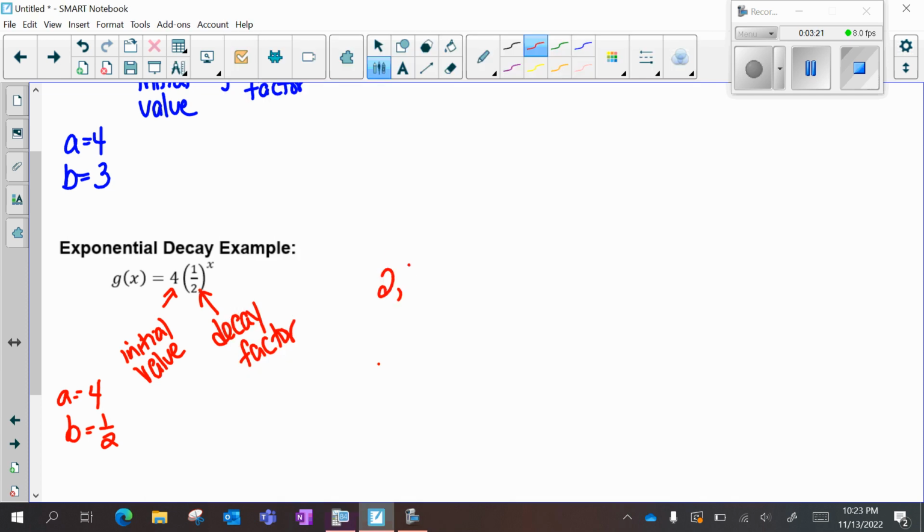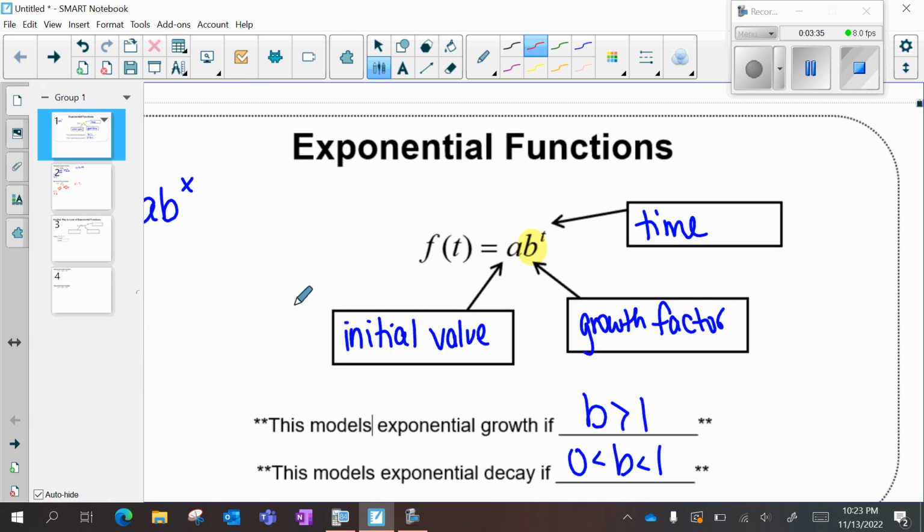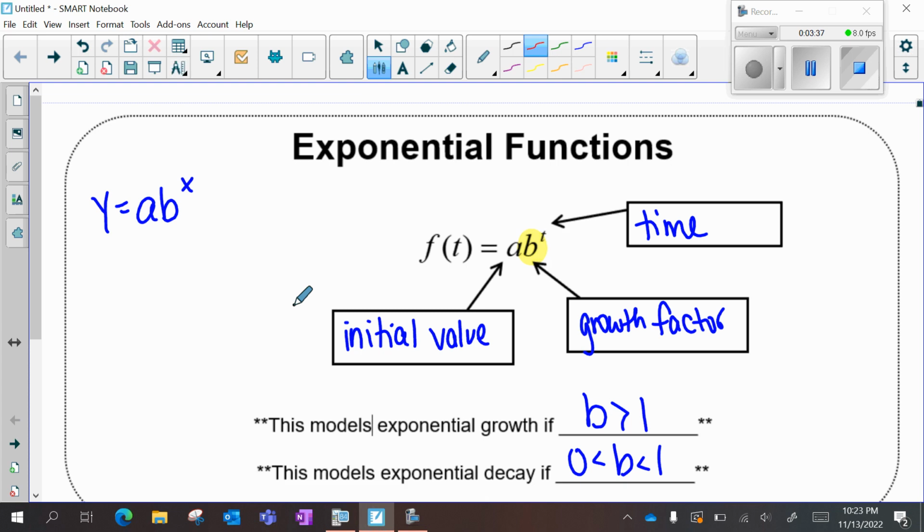So 2, 1, 0.5, and it would continue. Notice how it's getting smaller. It's dividing by 2 or multiplying by 1/2 every single time. So this is our general exponential equation: y equals ab to the x, or f of t equals a times b to the t.